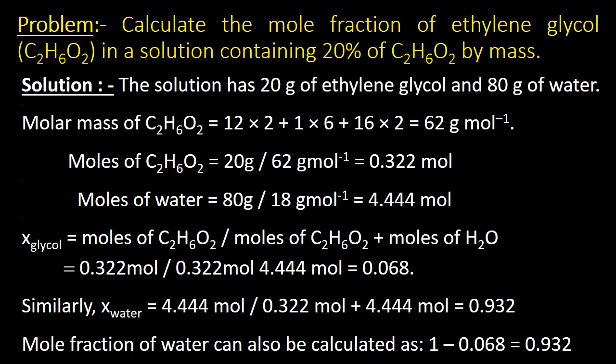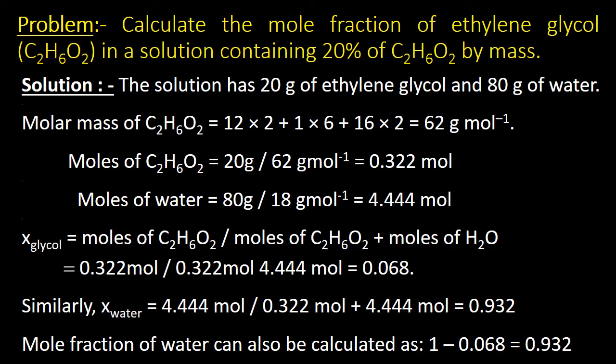Similarly, the mole fraction of water can be calculated as the number of moles of water, that is 4.444 mole, divided by the number of moles of both the components, that is the number of moles of ethylene glycol, 0.322, plus the number of moles of water, 4.444 mole, which is equal to 0.932.